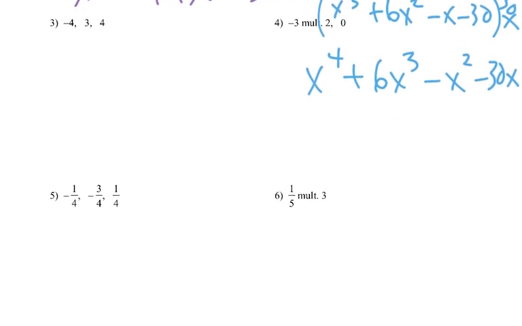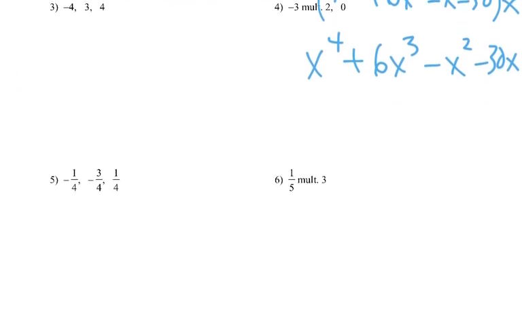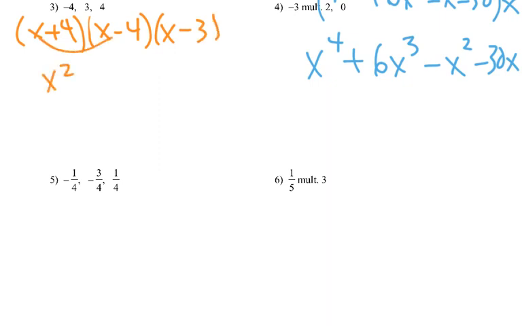Alright, so let's take a look at number 3 now. So I have x plus 4 times x minus 3 times x minus 4. Now I'm going to do the x plus 4 and the x minus 4 first, and then the x minus 3, because that would be x squared, and then we'd get positive 4x, negative 4x, so those would cancel each other out, then 4 and negative 4, so minus 16.